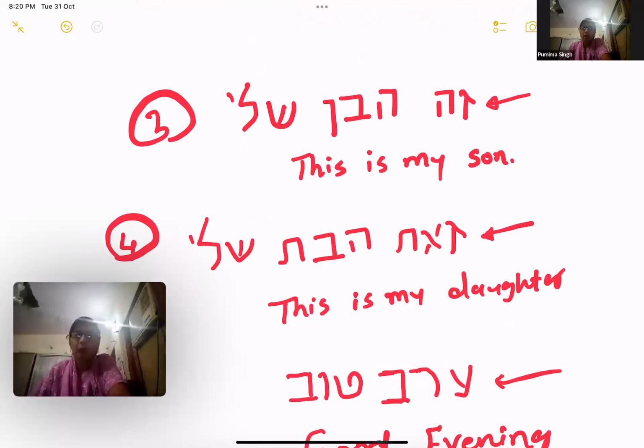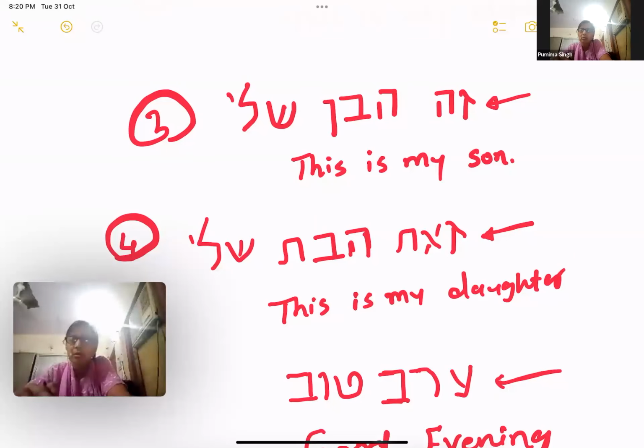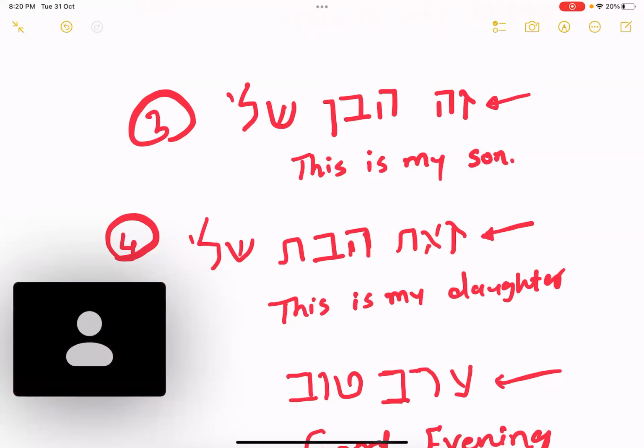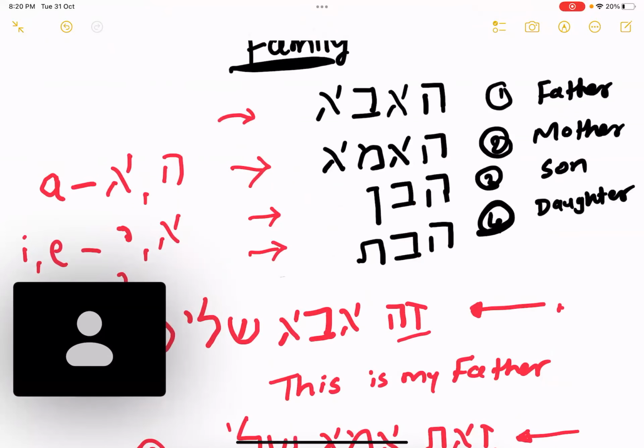Zot habat sheli. Zot habat sheli means this is my daughter. How to know that it is bat? By this root word. I already showed you the root words: habat, haben, ima, and abba.